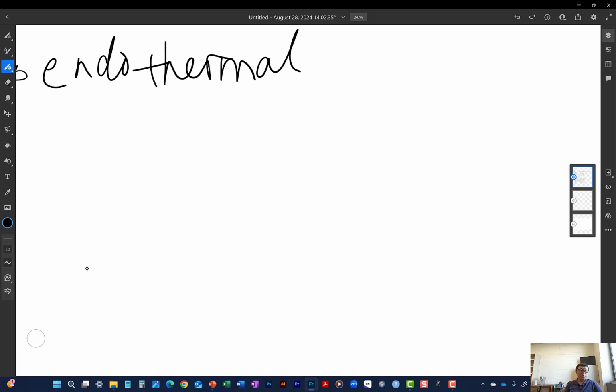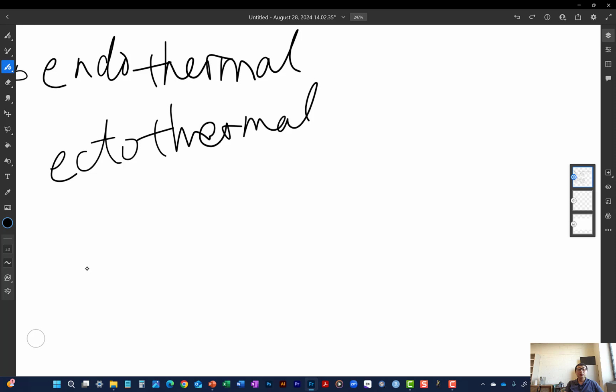For example, human beings are endothermal animals, which means we can generate our own heat to maintain our body temperature. Some other animals, for example lizards and frogs, are ectothermal animals.